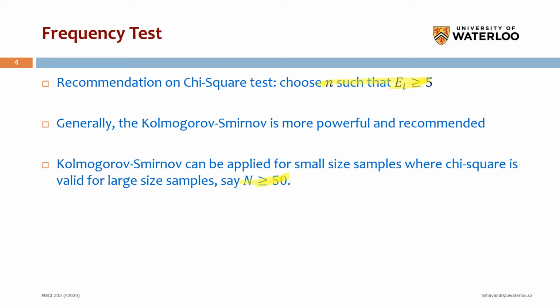So the chi-square is appropriate for a relatively large sample, but the KS method, the Kolmogorov-Smirnov method, can be applied to small samples as well. In general, we can say the Kolmogorov-Smirnov or KS test is more powerful than the chi-square, and so it's recommended.